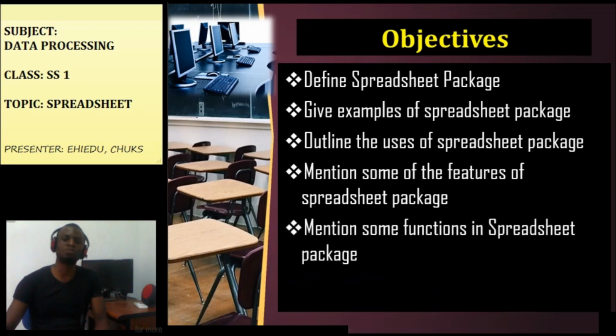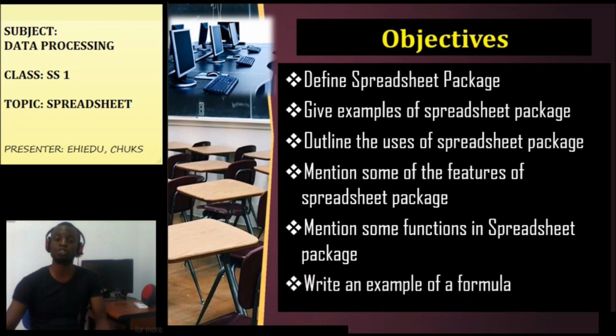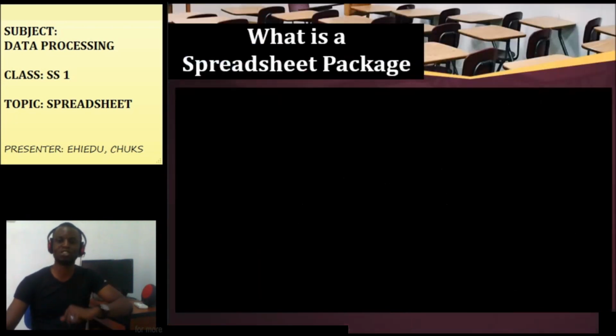They should also be able to mention some of the functions in spreadsheet package. We'll get to see that when we get there. And you should be able to write an example of a formula. So these are the things we expect that you students should be able to do at the end of this class. All right, let's jump into it.